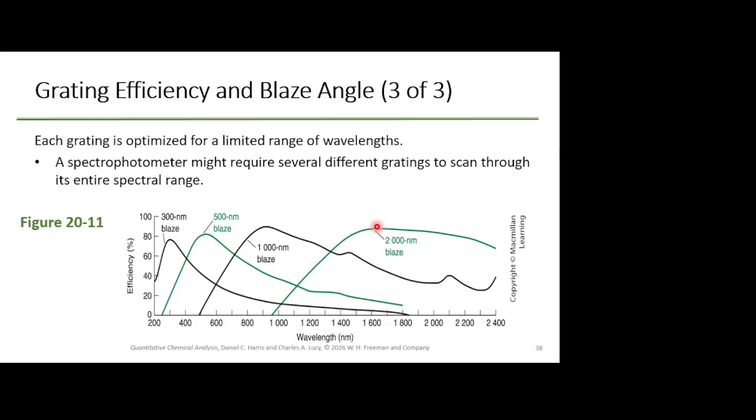And that's because as you get a wider frequency range or wavelength range that you can use on those instruments, you have to have different types of gratings, and oftentimes you may have to have several gratings, in which case the instrument has to get much bigger, right? And so that's actually what you're seeing there, is they're having gratings that are optimized around certain frequency ranges or wavelength ranges.